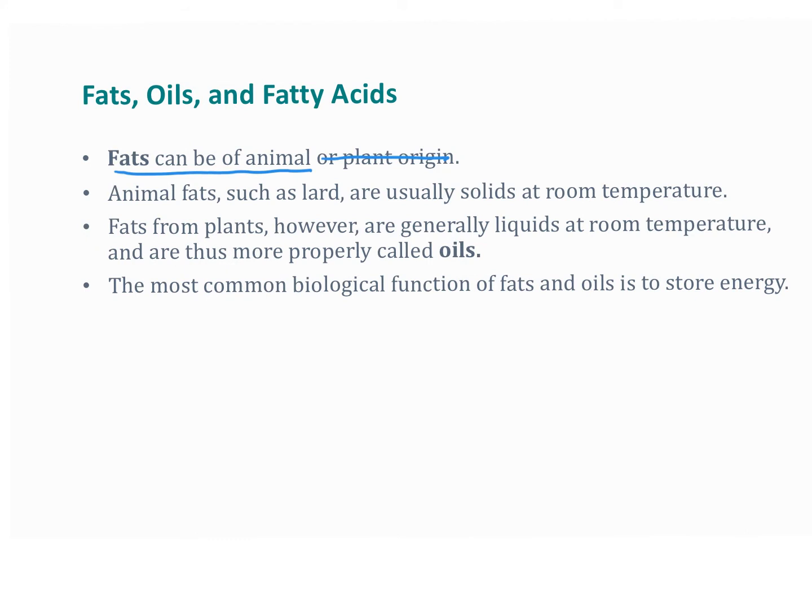But basically what we say is, look, fats are solids at room temperature and they come from animals. Plants are liquids at room temperature and we call those oils. And the most common biological function here is going to be storage.